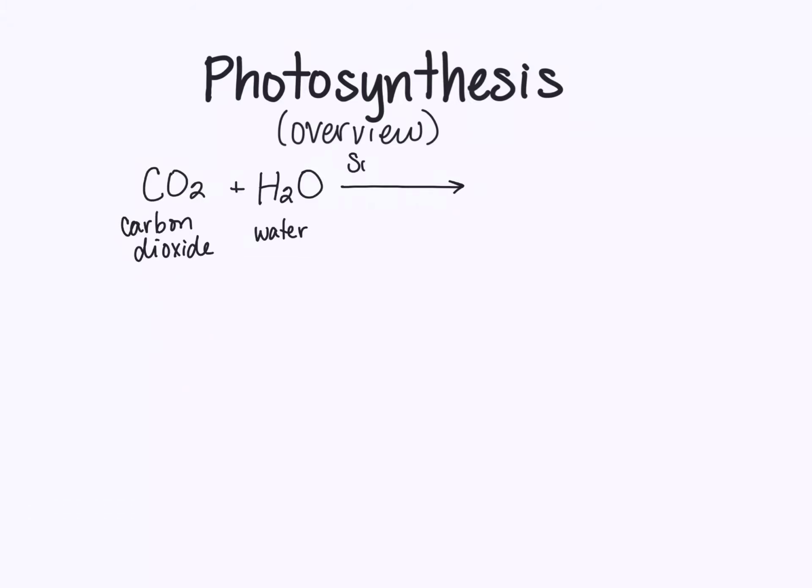And in doing so, these organisms can take carbon dioxide, which we can abbreviate as CO2, and water, which we can abbreviate as H2O, and then using energy from the sun, we can make carbohydrates and oxygen.